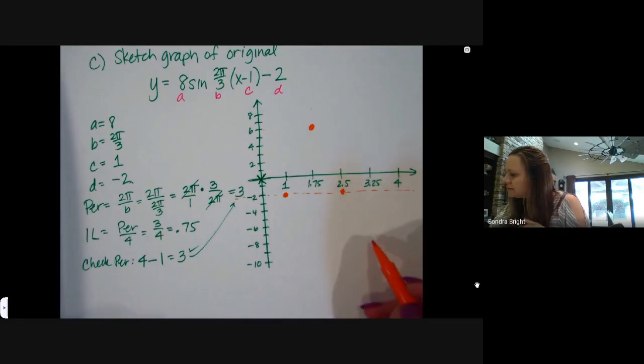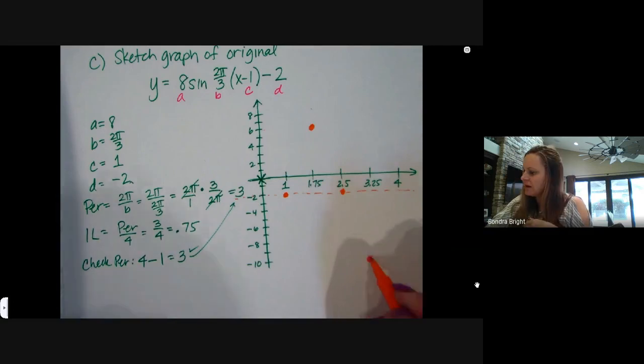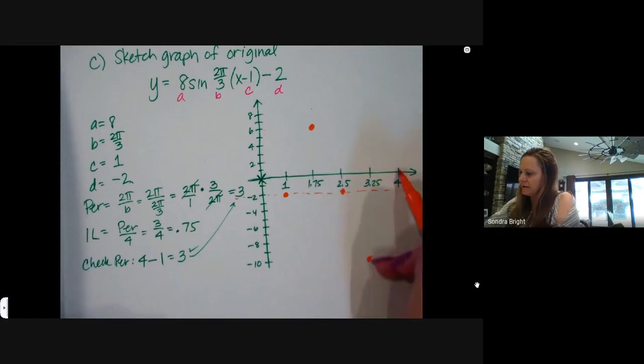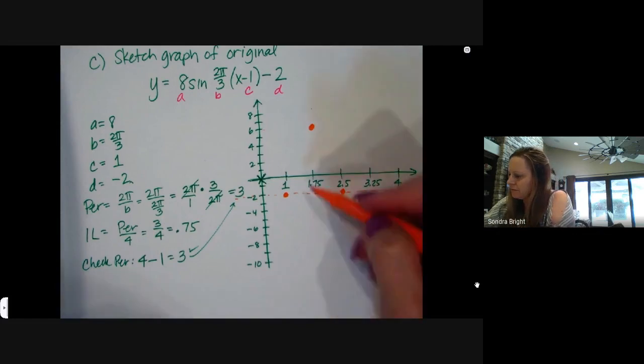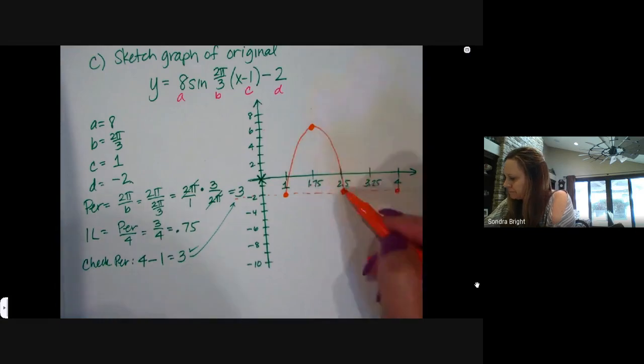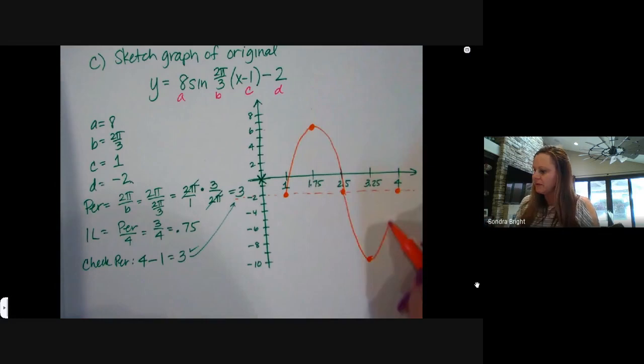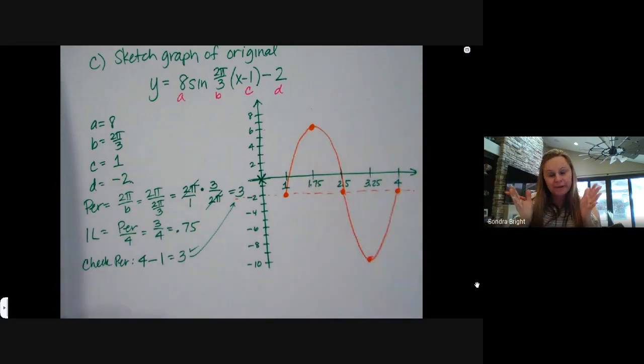And then I would have come back up to 0, but shifted down. So there's 5 points. It's a little funky, but whatever. There's the 1 period of your sine graph, right?